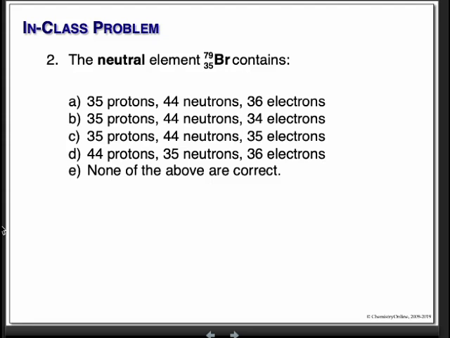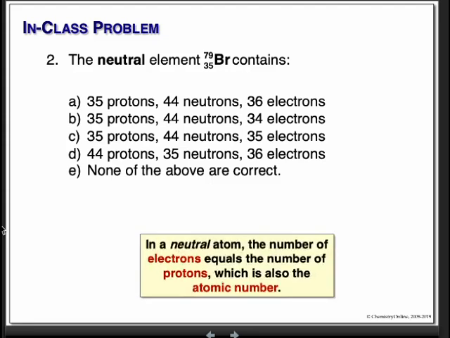So it's 35 protons. What's 79 minus 35? 44 neutrons. If it's neutral, how many electrons must it have? 35.